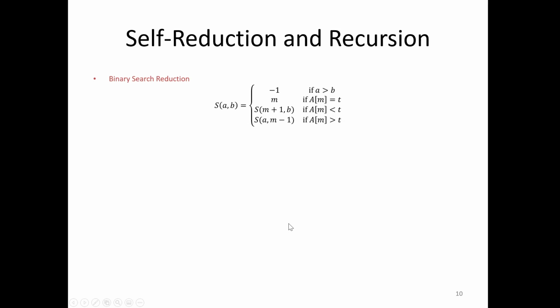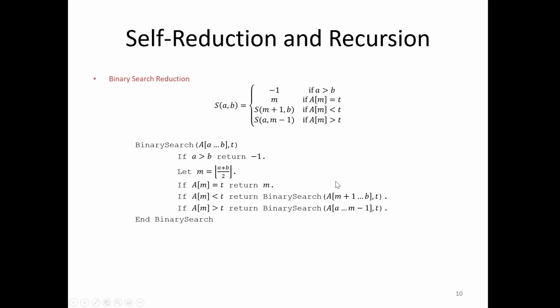All right, let's look at our final one. This was our binary search self-reduction, and it had 4 cases to it. Again, similar to the last one, we still have these 2 recursive calls, the left or the right. The critical point here is that we only have to do one or the other, and we'll see that in a second. The code is not too surprising. We still need to calculate our m, otherwise the cases are the same.